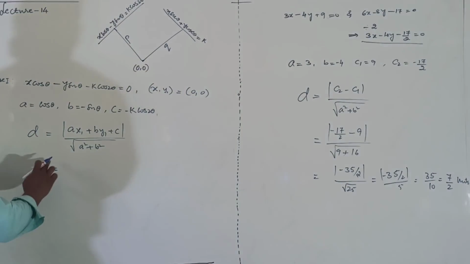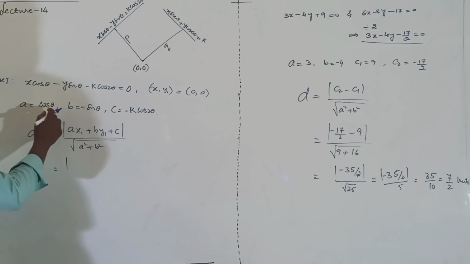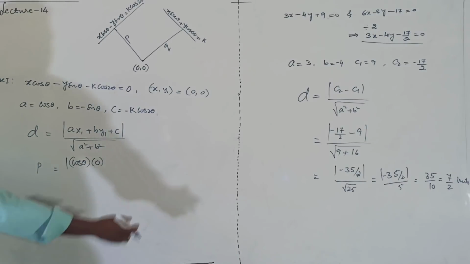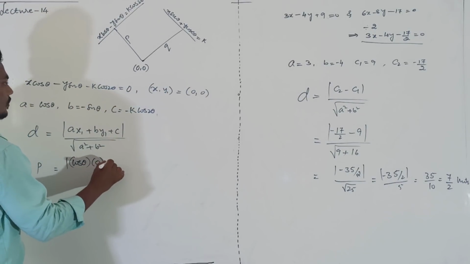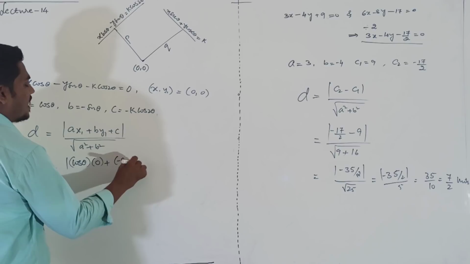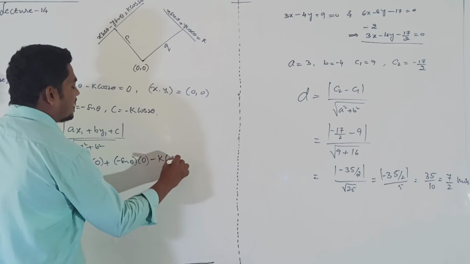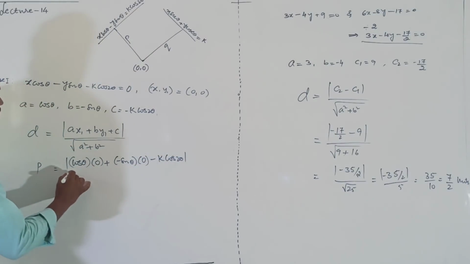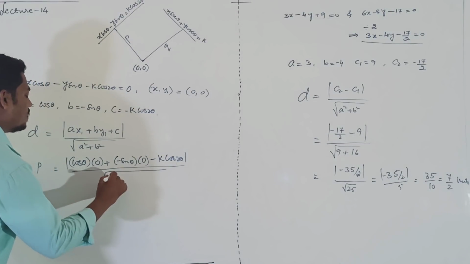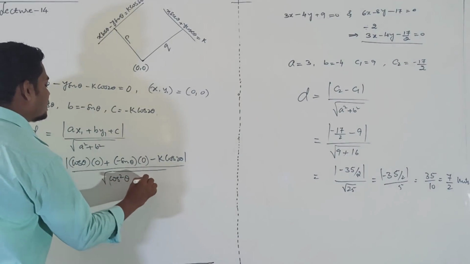P is equal to, what is the a value here? a is cos theta. And what is the x1 value here? Origin, x1 value 0, plus what is the b value? Minus sin theta. What is y1? 0. And what is the c value? Minus k into cos 2 theta, right? Divided by square root of a square plus b square, means cos square theta plus sin square theta.